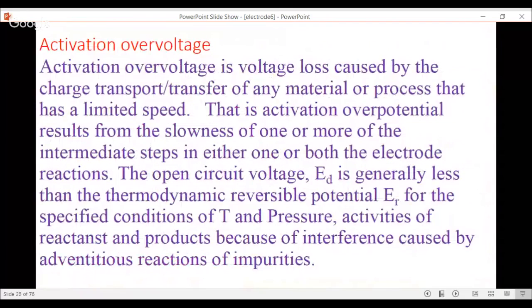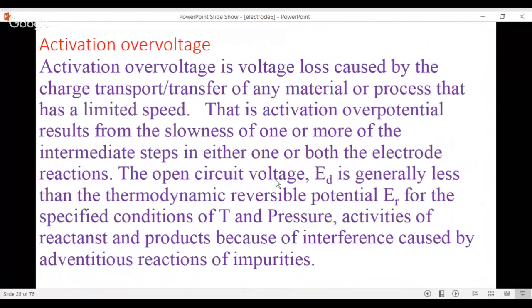Activation over voltage is loss caused by the charge transfer of any material or process that has limited speed. This activation over potential results from slowness of one or more of the intermediate steps in either one or both of the electrode reactions. It can be anode, it can be cathode, or both.